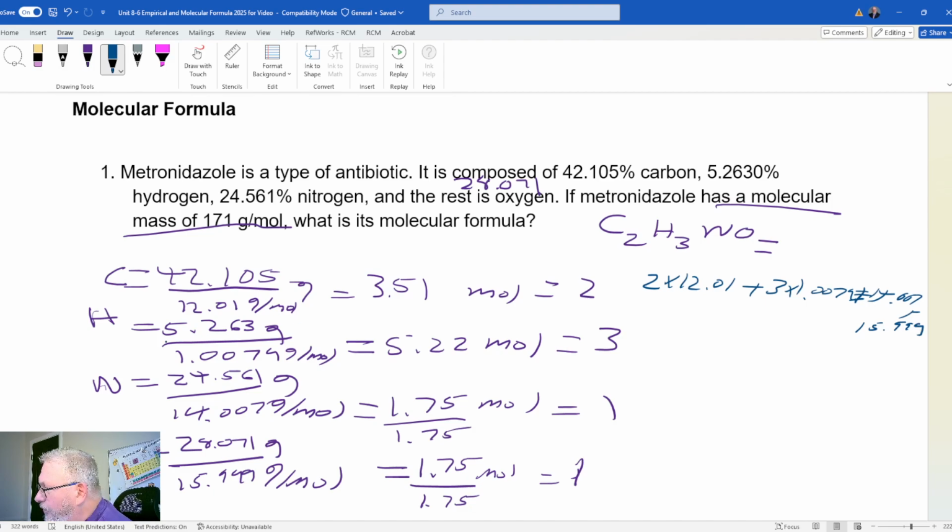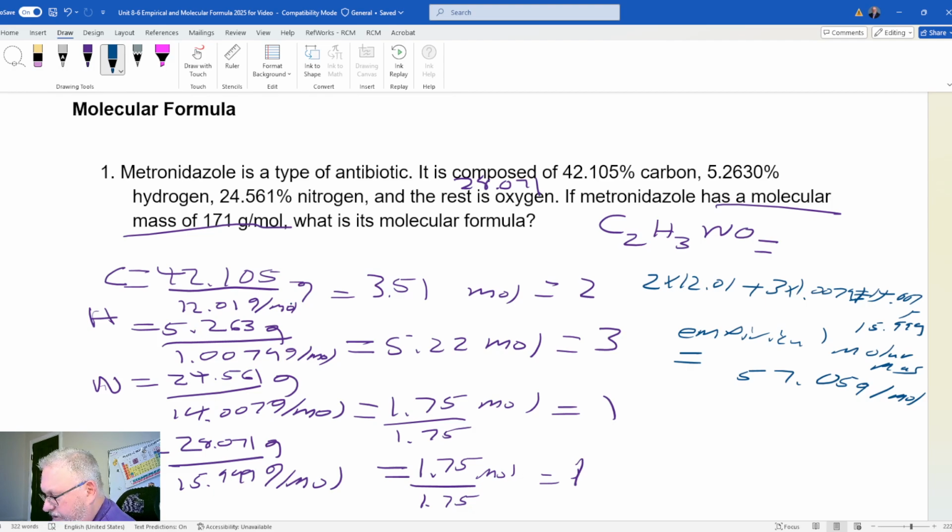After I do all this, the molar mass of the empirical formula is 57.05 grams per mole. The molecular mass is 171 grams per mole. So that's not the same. It's no big deal.